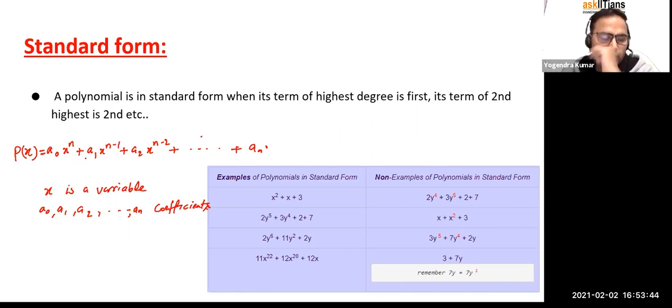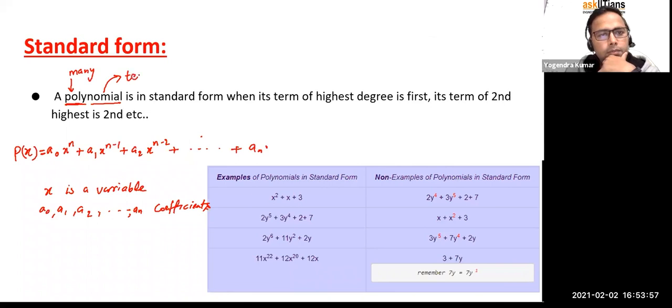If you look at the word itself, poly stands for many, and nomials means terms. This is the first term, second term, third term, fourth term, differentiated by plus or minus. So there are many terms, and the variable is only one. One variable, many terms: this is what polynomial means.